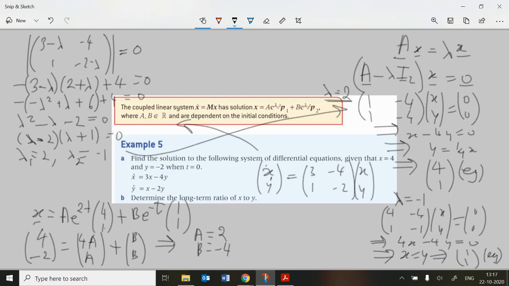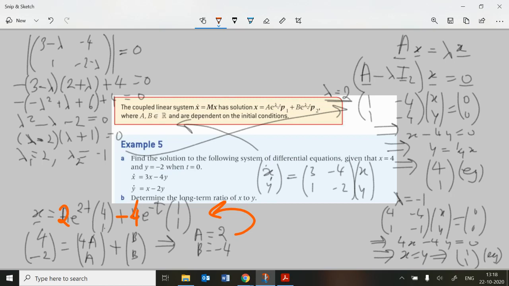So we've got a is equal to 2 and b is equal to minus 4. And so obviously we can now put those things into here, and that will give us the final solution for x. Okay, so that's what we've finally done, just saving a bit of space there. So there's the solution. That's done. That's the mechanics of this kind of problem.